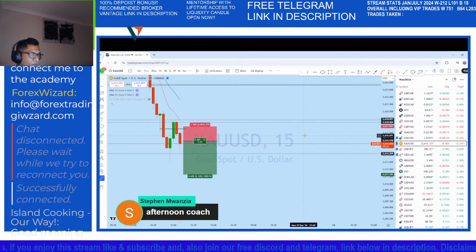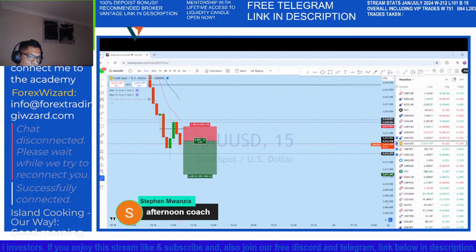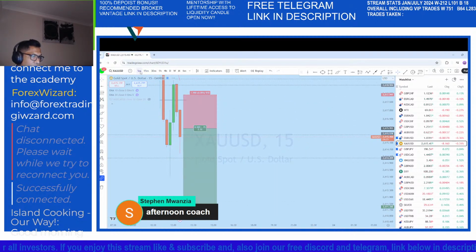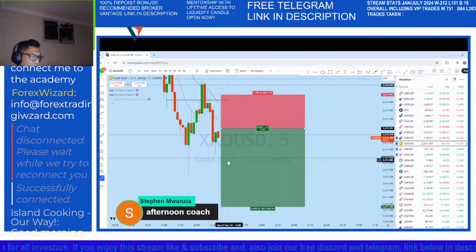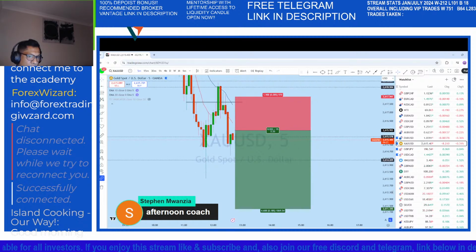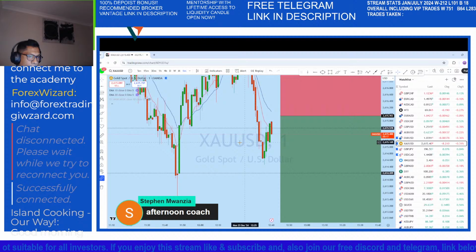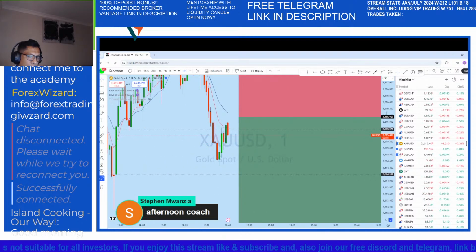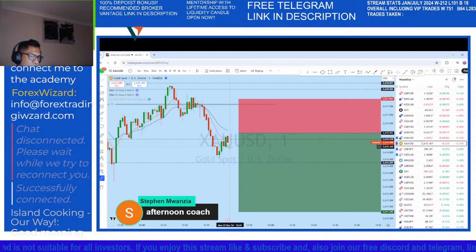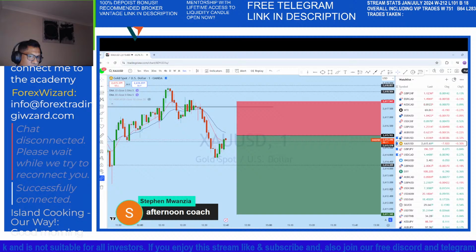So looking at the 15 minutes perspective, we can see that the market trend is down, and in this downtrend, if we look at the 5 minutes, we can see the market also trending down. The 1 minute, okay, especially looking at the 1 minute chart to see that it's trending in that direction.